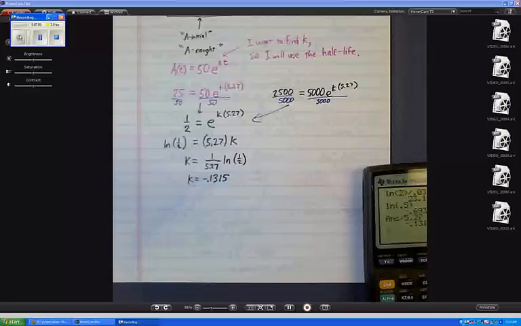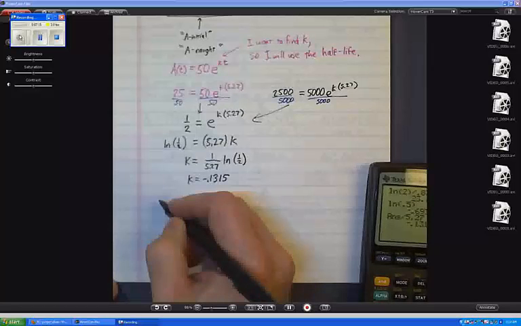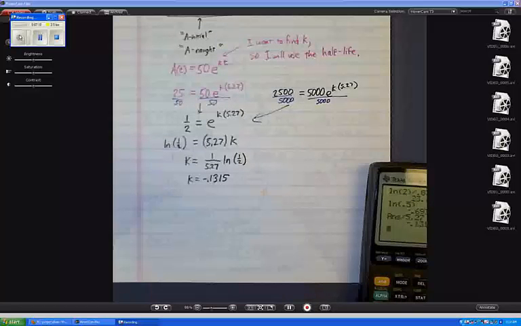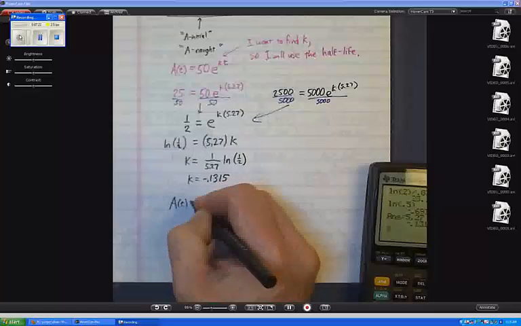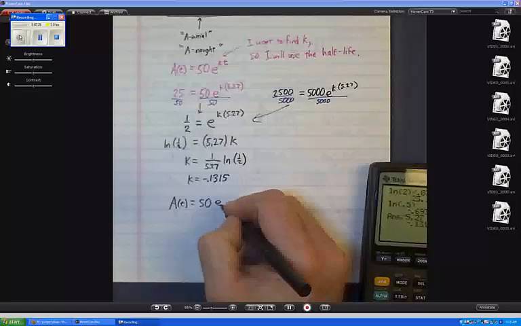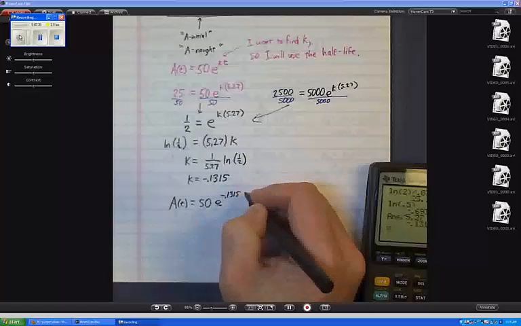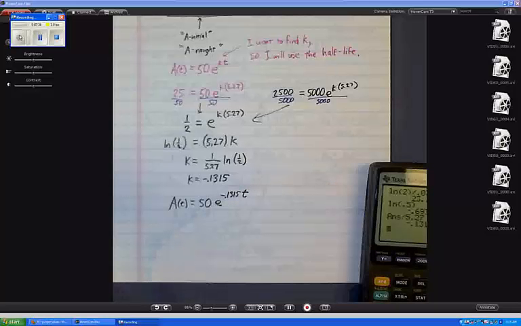Because that's what we had for the calculated value. All right, so my function now looks like this. Taking it from what's above, we can write A of t equals 50 e to the negative 0.1315 t. A of t equals that. That's an exponential function.